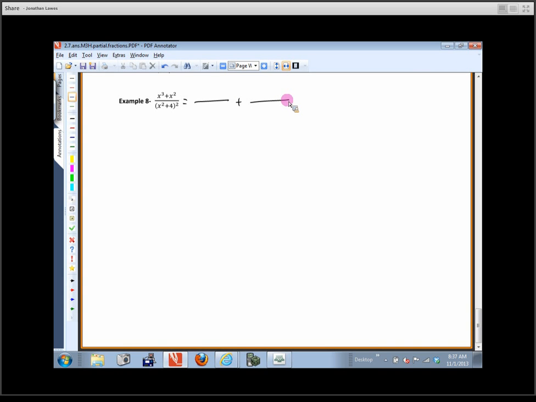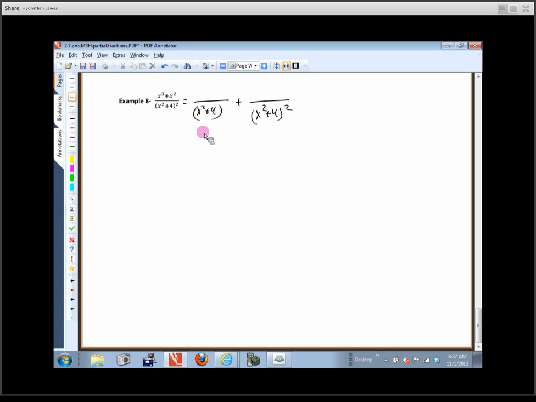Tammy, can you tell me what goes under this one? X squared plus 4. Yep. And Brandon, can you tell me what goes under this one? Very good. This is just the repeat of that guy right there. Those are the 2 parts.